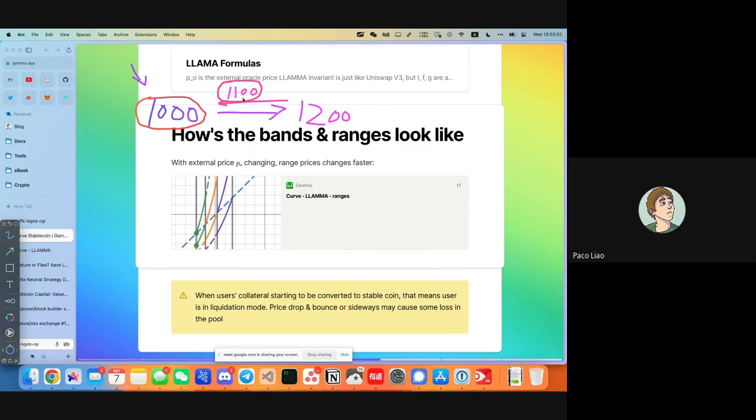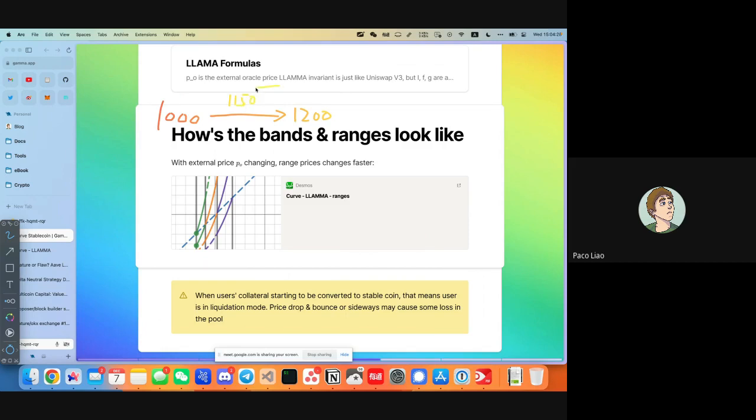But in Curve, it's different. It depends on how the external price changes. If the external price changes very fast, you have a huge loss. In Curve, if you add liquidity at 1,000 and the price goes up to 1,200, the pool actually buys, and maybe it buys at an average price of 1,150.